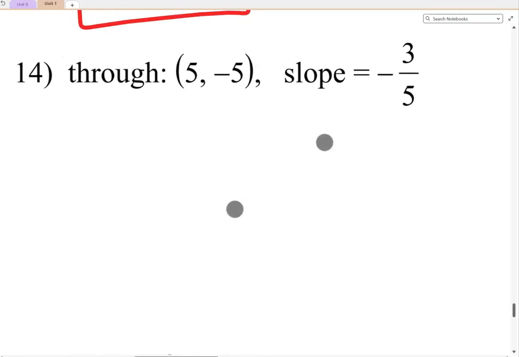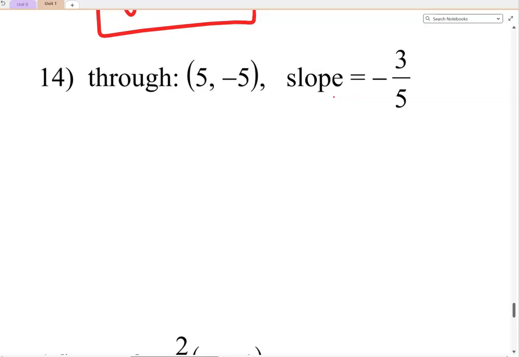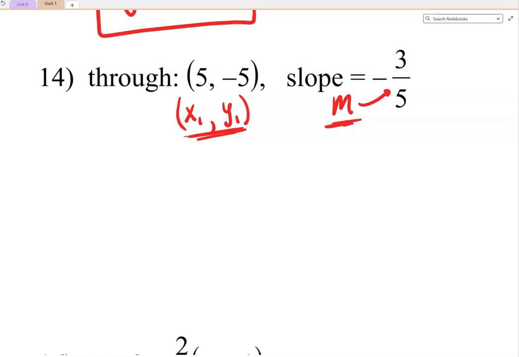With number 14, we have the slope, so we know that m is equal to this, but for our coordinate, we have just some arbitrary x1 and y1 value. We don't have the actual y-intercept. So if we have an arbitrary point and we have a slope, then we have to go through the point-slope formula. And that looks something like this.